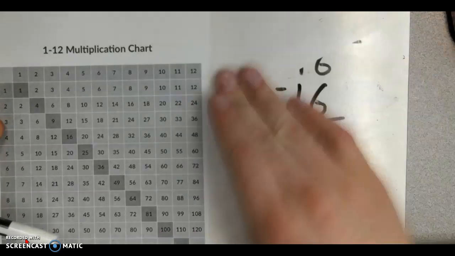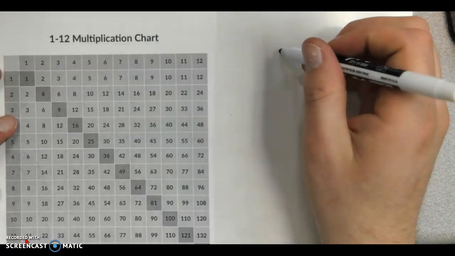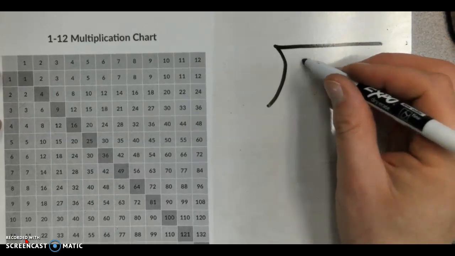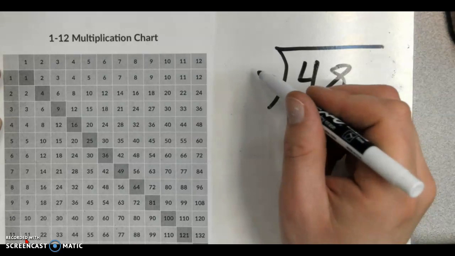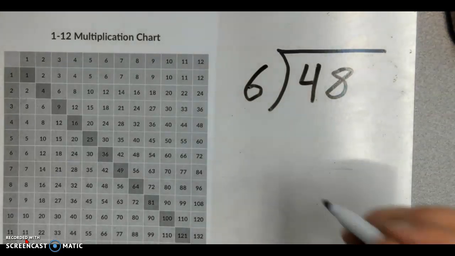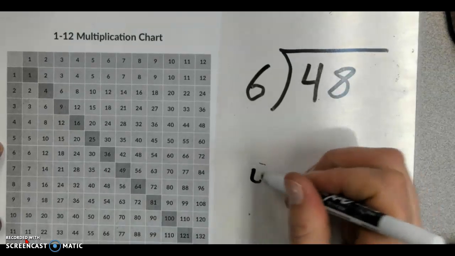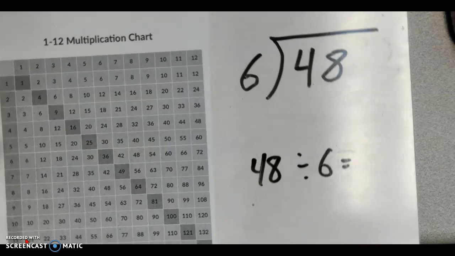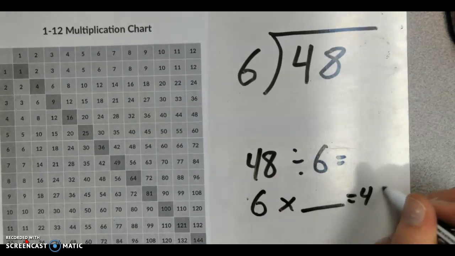Let's try another division problem like that, a long division problem. There's my division symbol. Let's try 48 divided by 6. Remember, that's the same thing as saying 48 divided by 6. They're the same thing. Or, what times 6 equals 48?